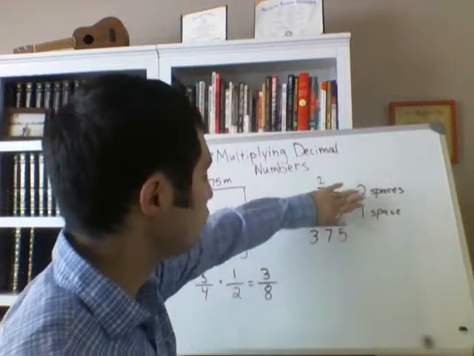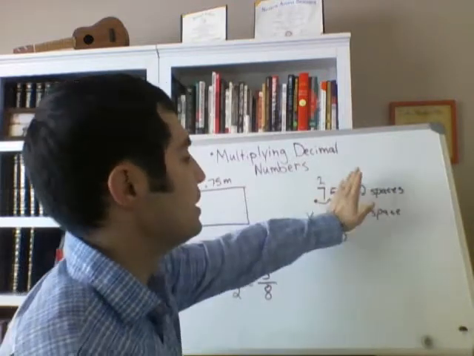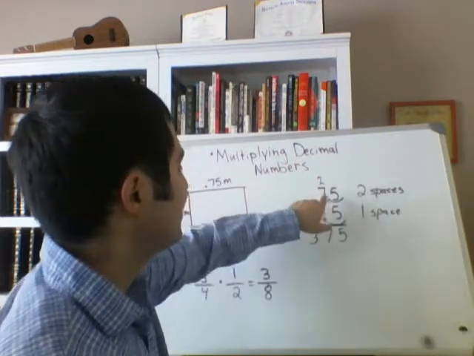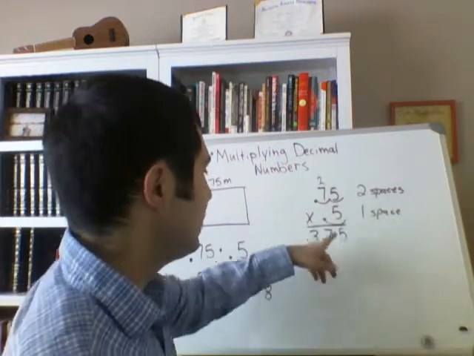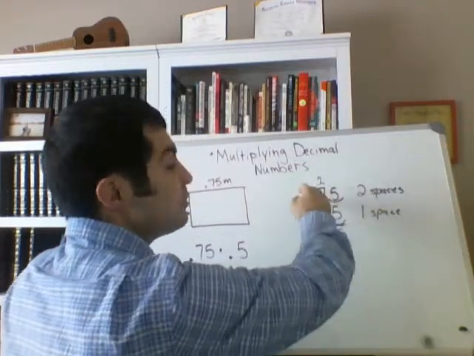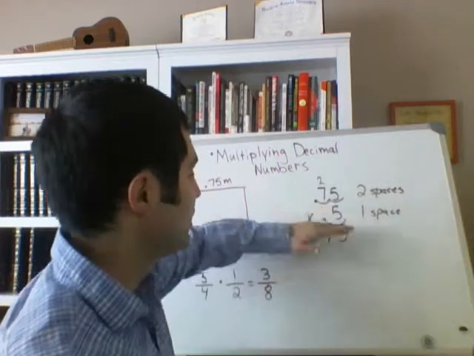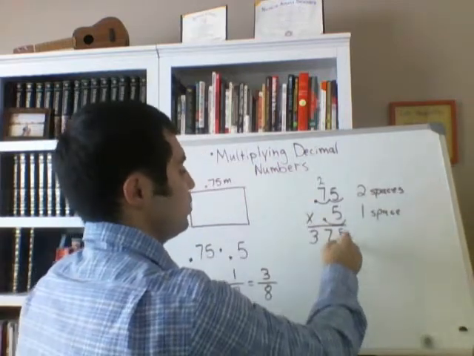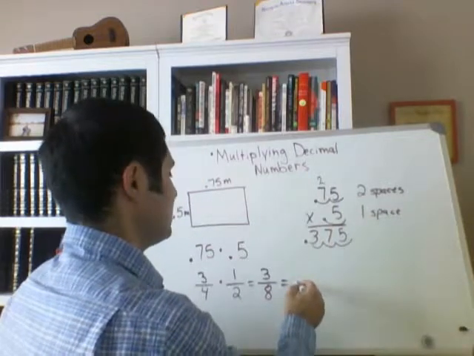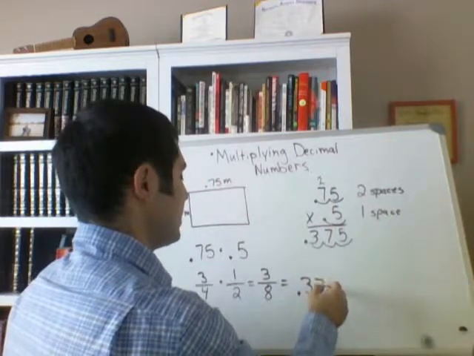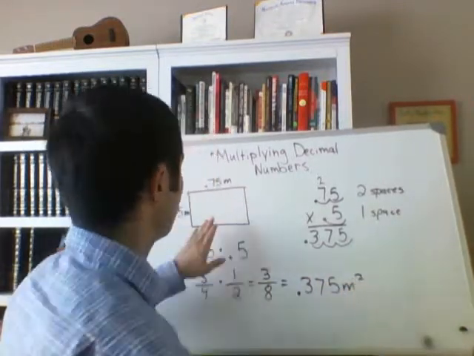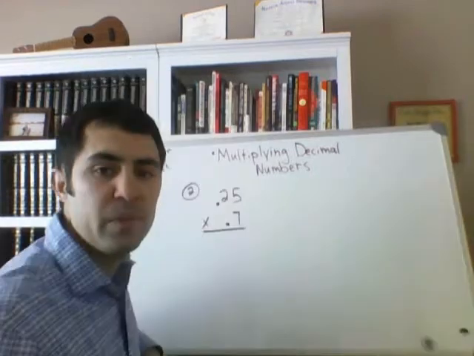So add up how many total spaces we've moved the decimal. It's 3 total spaces. So that means you have to move it over 3 places in the answer. 1, 2, 3. So your answer, 3/8, is equal to 0.375. That's how many square meters there are on that rectangle.